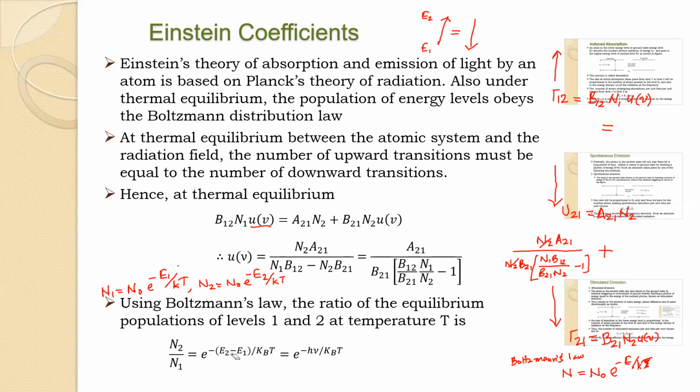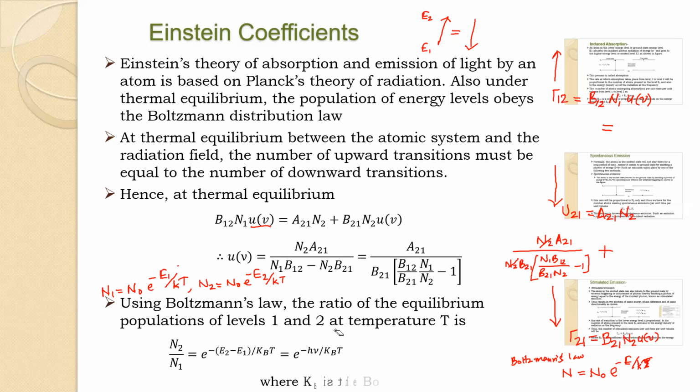We know that E2 minus E1 must be equal to h nu, from the previous discussions. Then N2 by N1 is equal to e raised to minus h nu by KBT, or N1 by N2 is equal to e raised to h nu divided by KBT. So for N1 by N2, we substitute e raised to h nu divided by KBT.